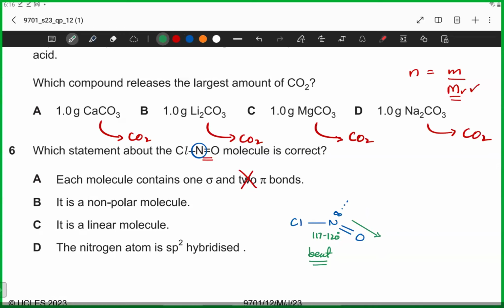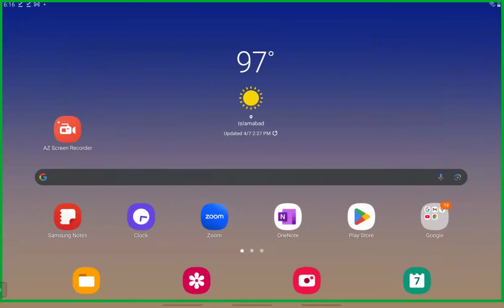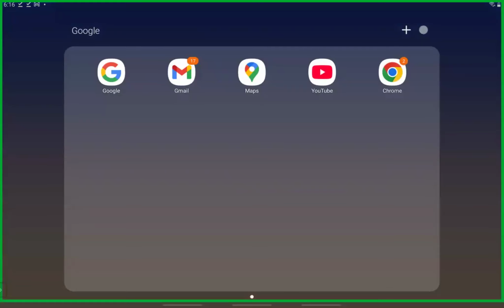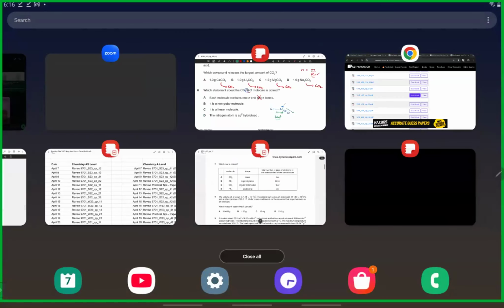One second, let me check it. Oxygen is the most electronegative. Okay, after fluorine it is oxygen.